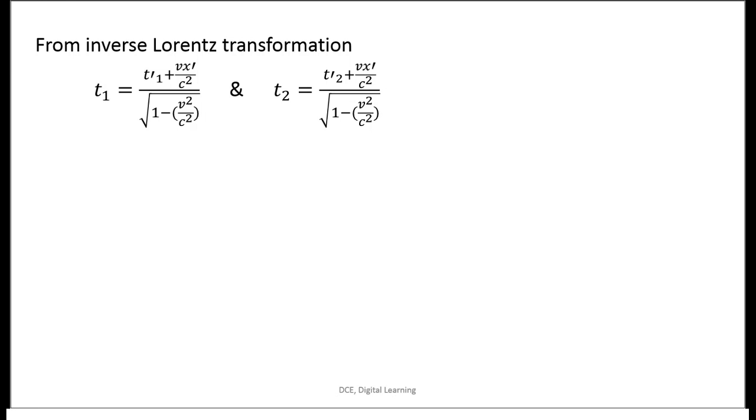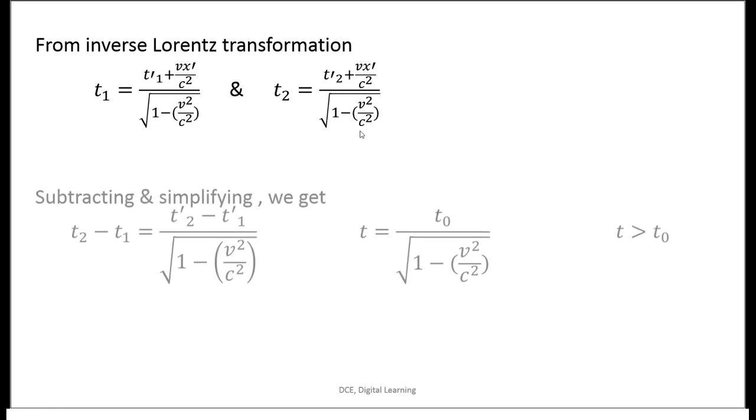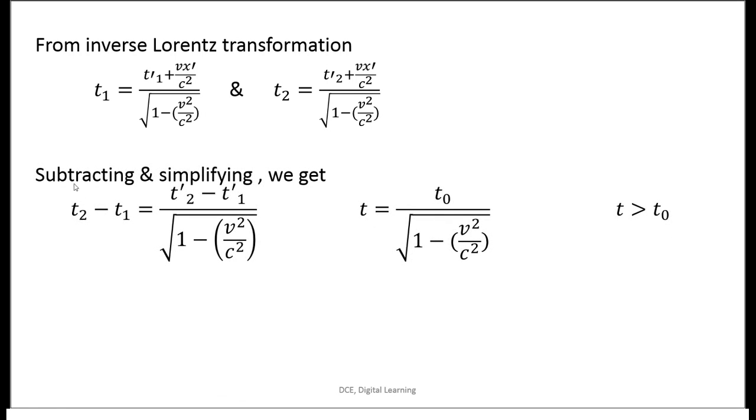T1 is equal to T1 prime plus Vx prime by c square divided by square root of 1 minus v square by c square, and T2 is equal to T2 prime plus Vx prime by c square divided by square root of 1 minus v square by c square. Subtracting these two equations, T2 minus T1 is equal to T2 prime minus T1 prime divided by square root of 1 minus v square by c square.